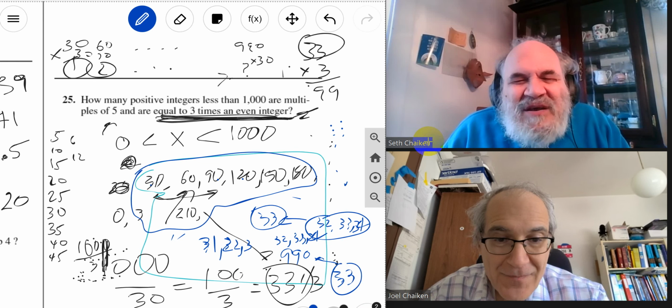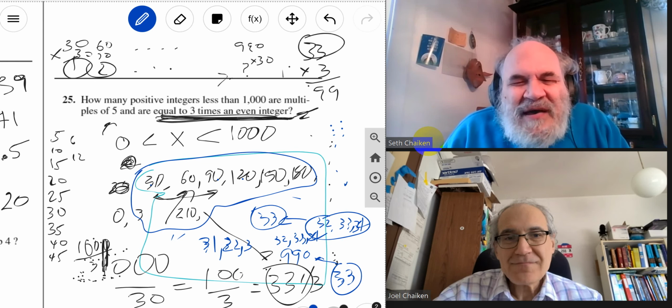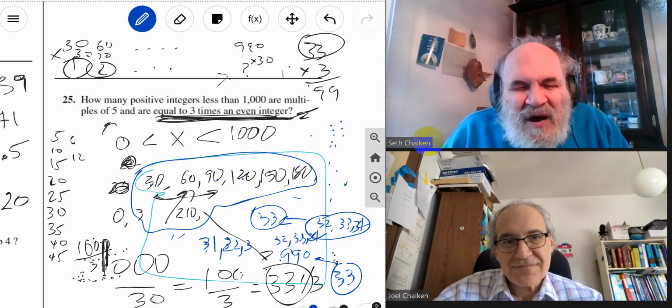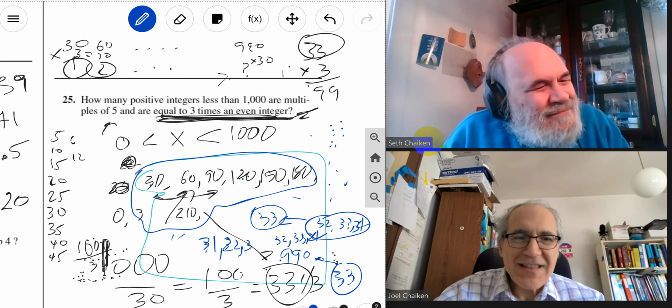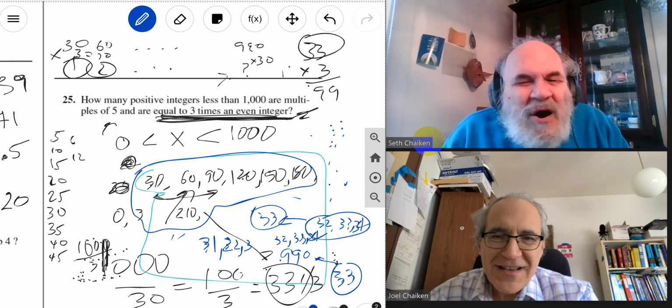Apply it. How many positive multiples of 30, non-zero, are between 1 and 40? Can't think like that. I have to have a better example.